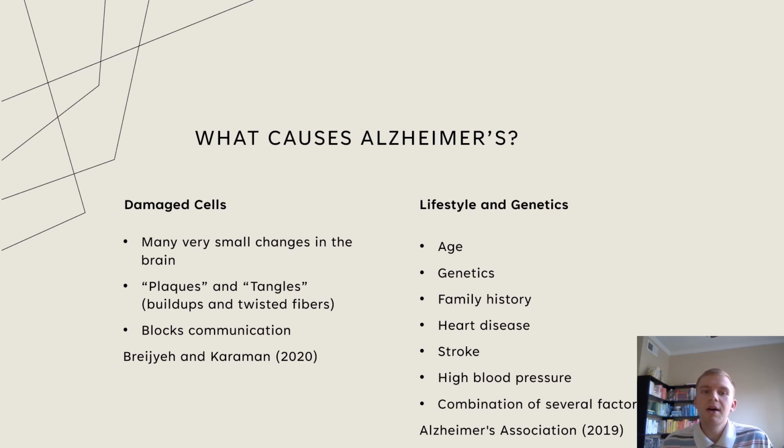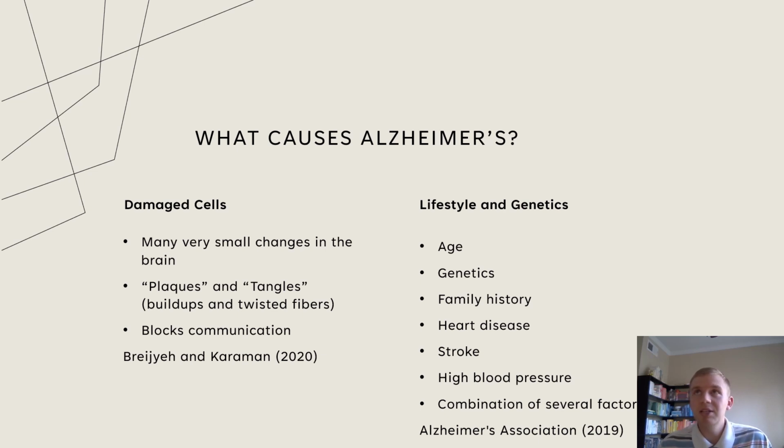When cells within the brain become damaged, they make very small changes within the brain, and some of those changes come in the form of plaques, which you can think of as buildups, and tangles, which you can think of as twisted fibers.